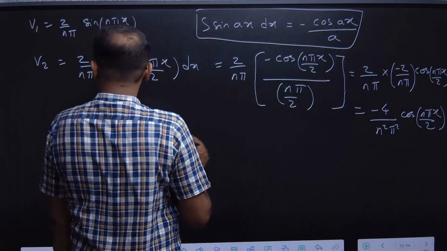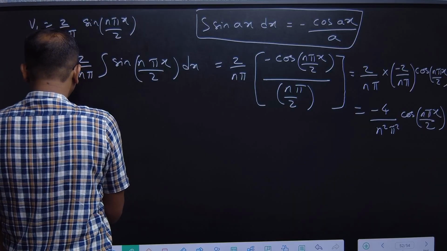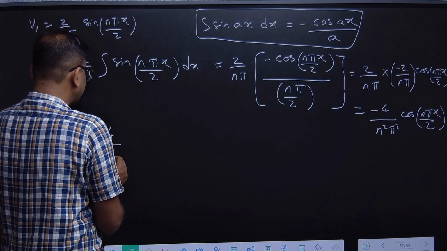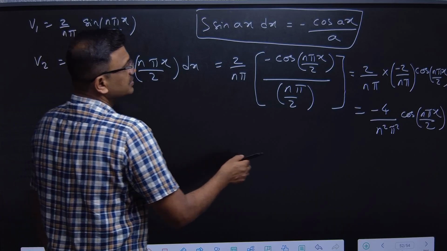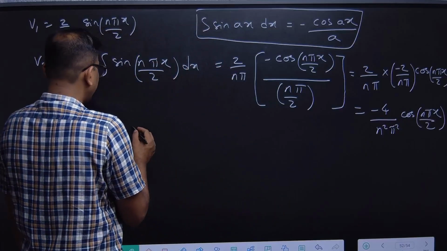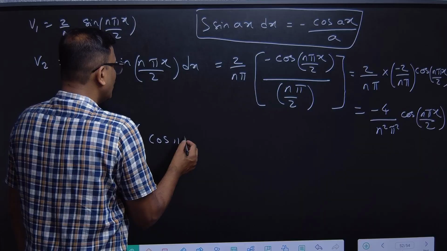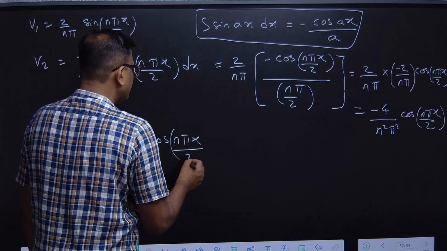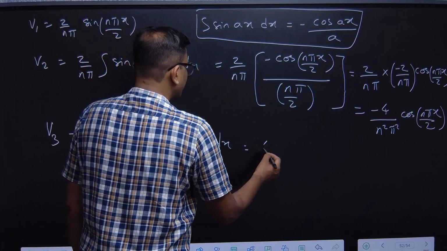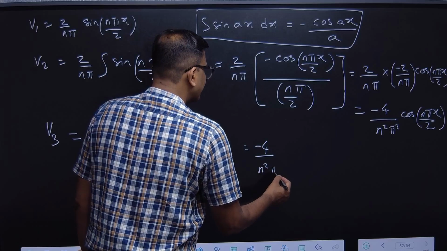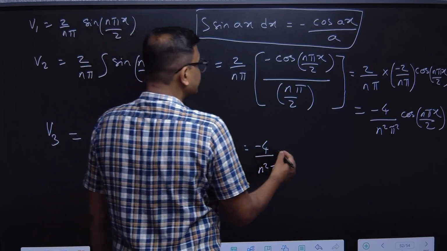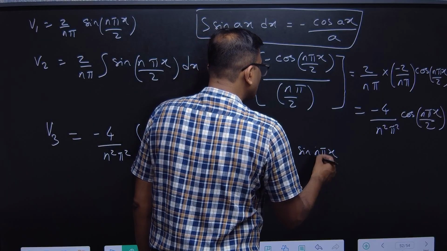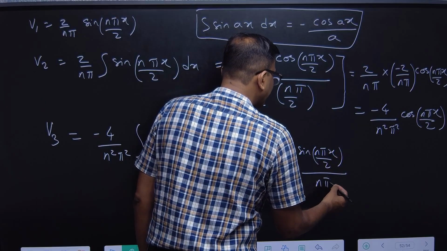So V3 is going to be the integration of V2. That's minus 4 upon n square pi square, which is constant, so we'll take it outside the integration. It will be the integration of cos n pi x by 2. Integration of cos n pi x by 2 is sin n pi x upon 2 divided by n pi by 2.